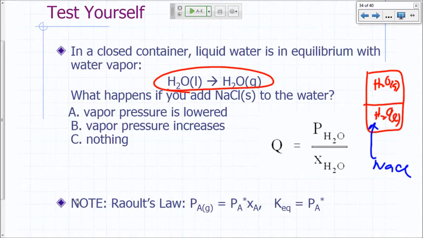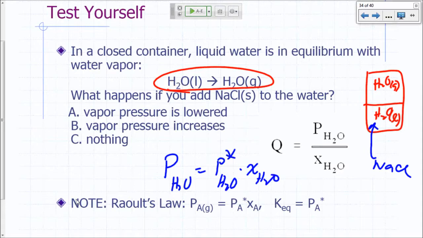What's the answer to this one? You add a non-volatile solute to a liquid, what happens to the vapor pressure of the liquid? It's lowered, right? Raoult's law. P of water is going to be P star water times the mole fraction of water, right?